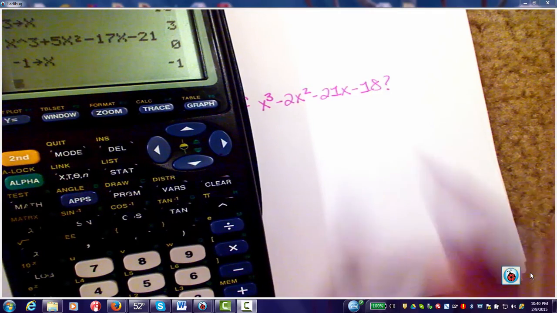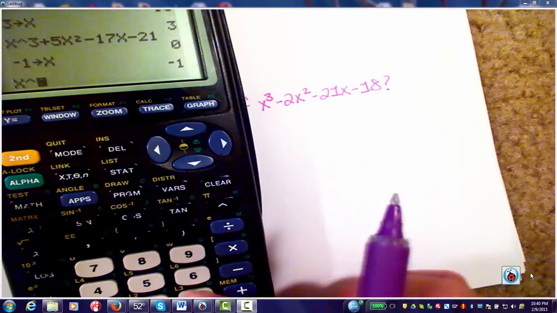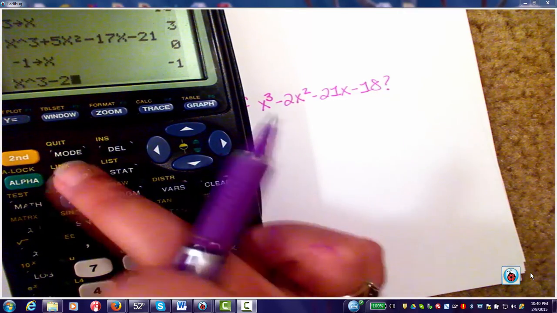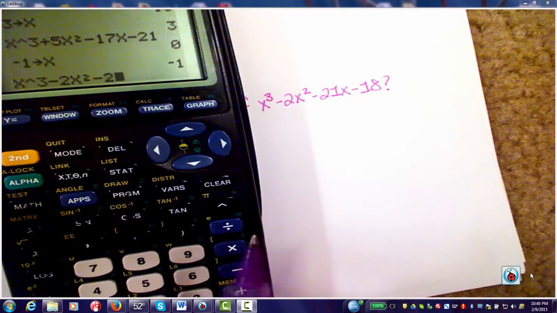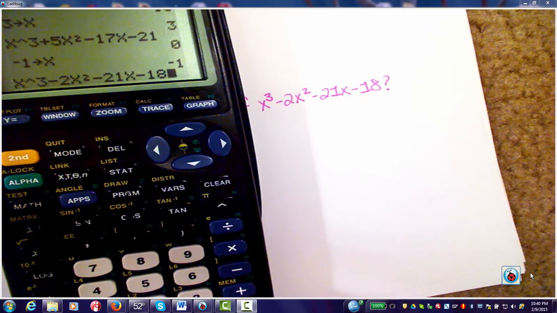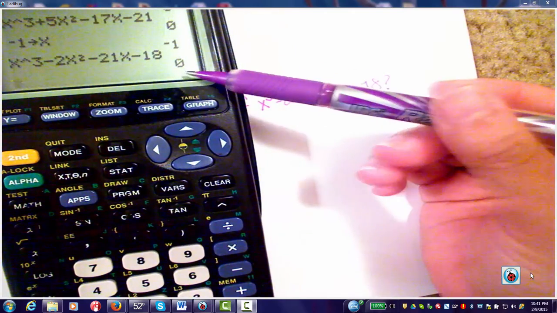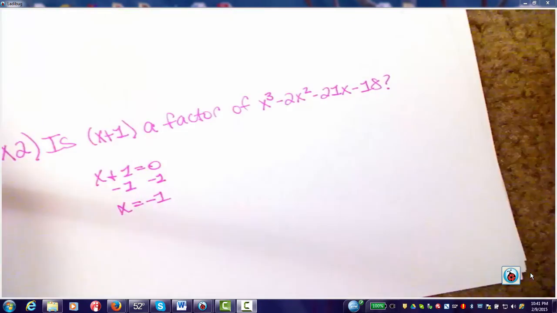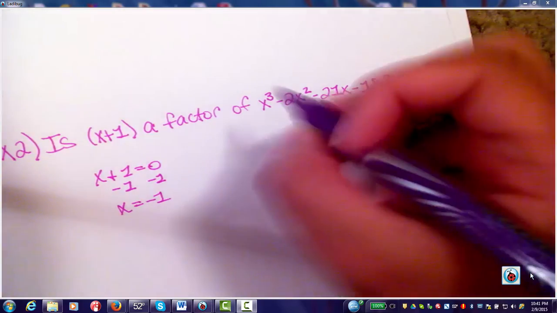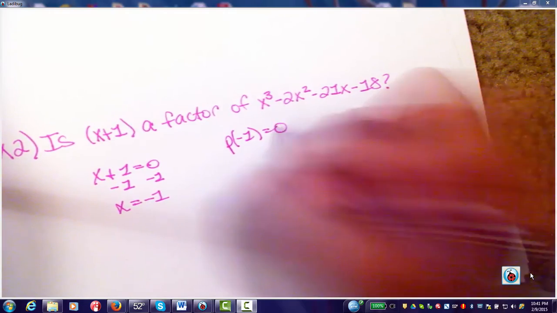And now we can type in our function on our home screen. So we get x cubed minus 2x squared minus 21x minus 18. And then, let's see what we get. And we get 0. So according to the factor theorem, p of -1 equals 0.